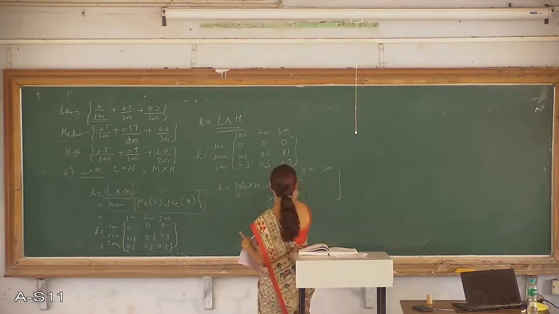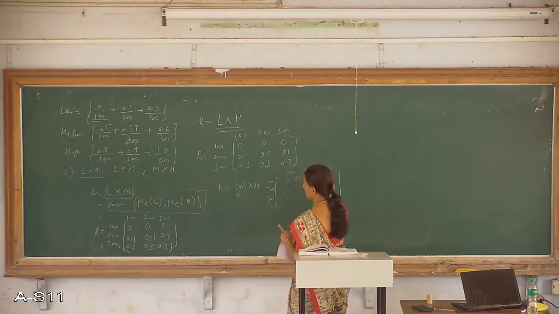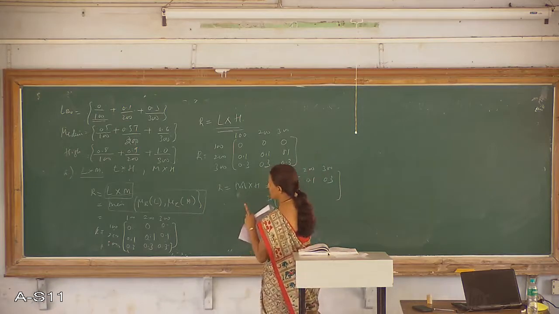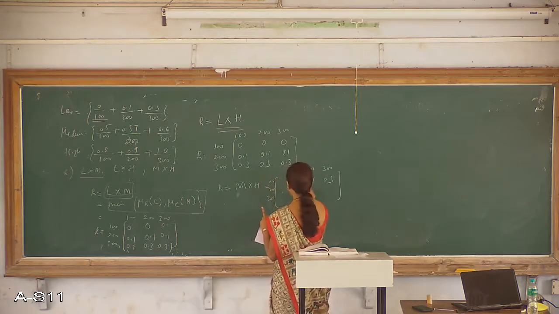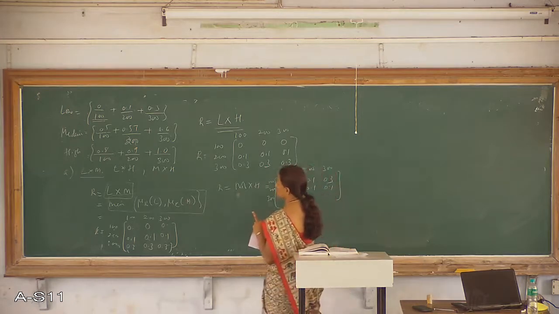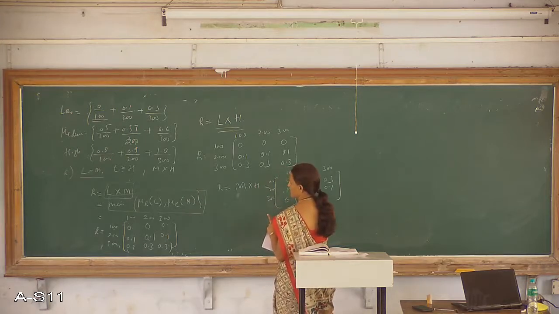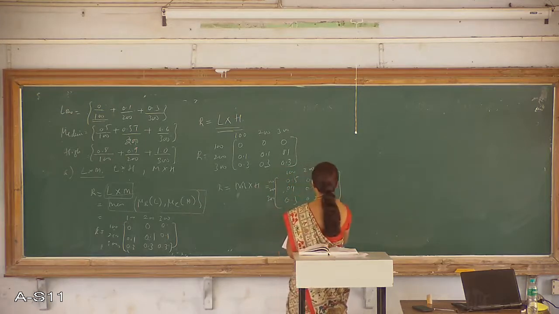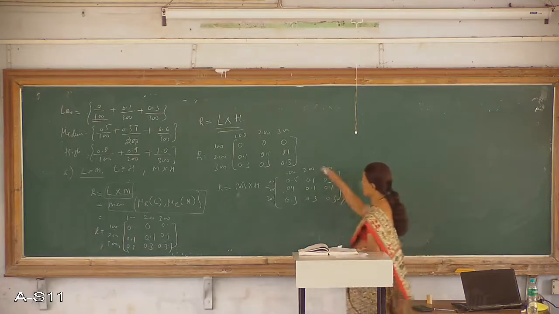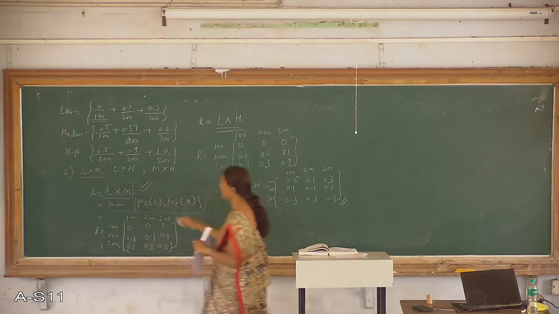So 100 with 200, it is 0.1, it is 0.3. Then we have 200, 0.1, then 0.1, and here we have 0.3 with 0.3, 300 with 200, it is 0.3, again it is 0.3.